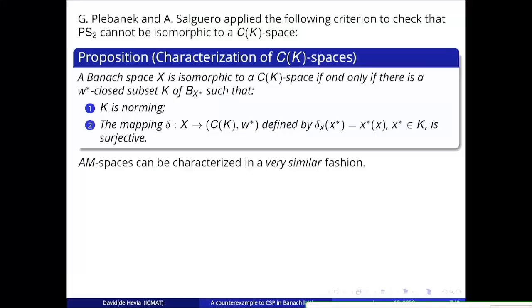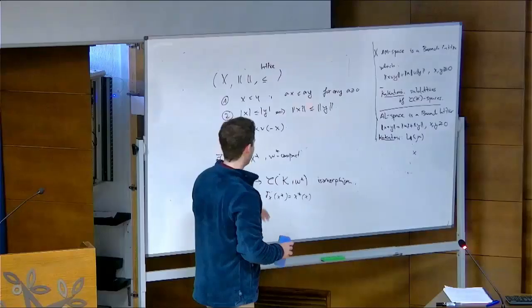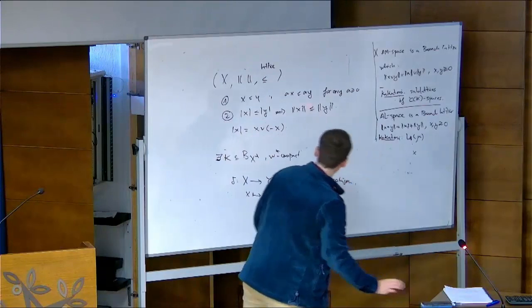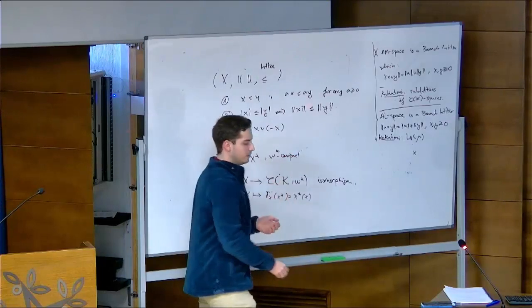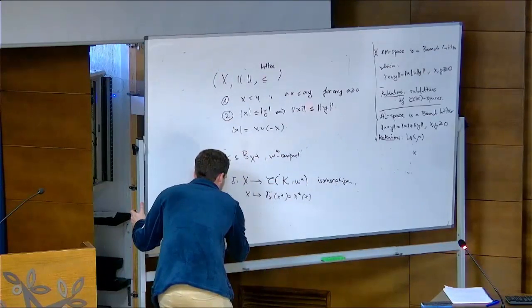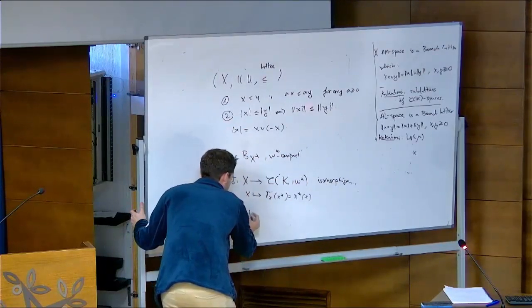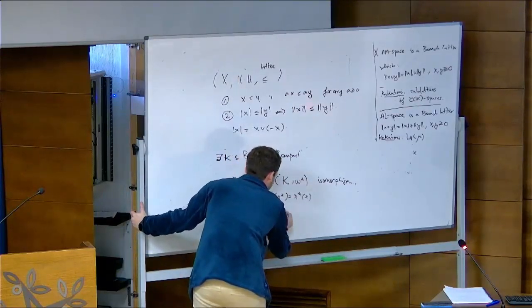Abstract M spaces can be characterized in a similar way. Now we have the same mapping. The first condition says that this mapping is bounded below, equivalent to K being norming.